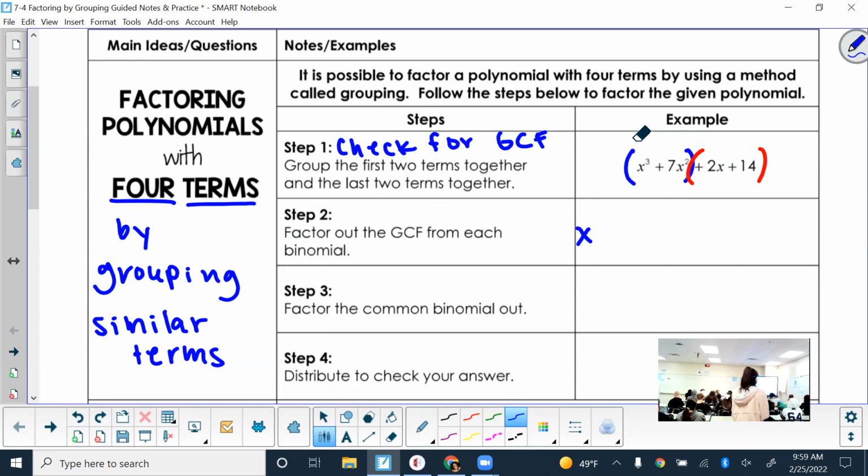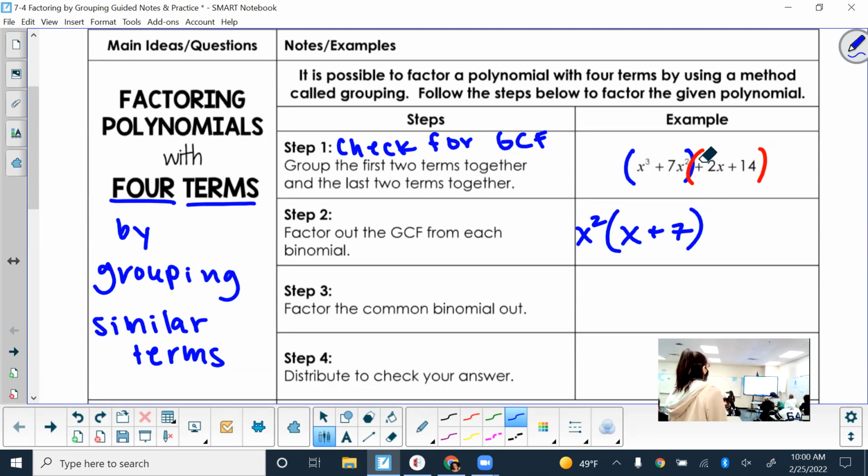I can factor out an x. How many? 2. So x squared. And then in the parentheses is what we get from dividing these 2 by x squared. So what's x cubed divided by x squared? X. And what's 7x squared divided by x squared? 7. So do that for each group.